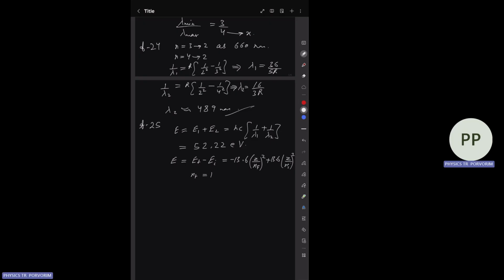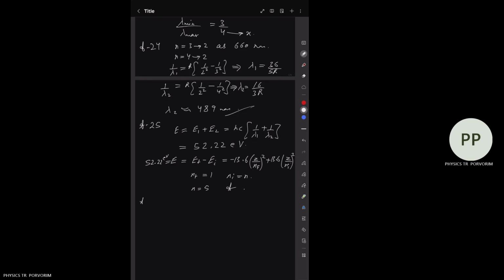And ni we don't know, so we can take ni equal to n. We simplify it and solve it by putting the value of E that we have already calculated, 52.22 electron volt. When we solve it, we'll have n equal to 5. So the correct answer is 5.